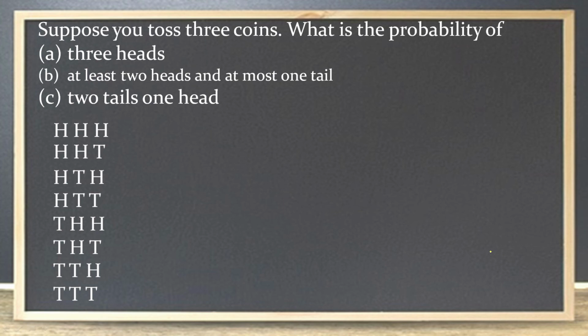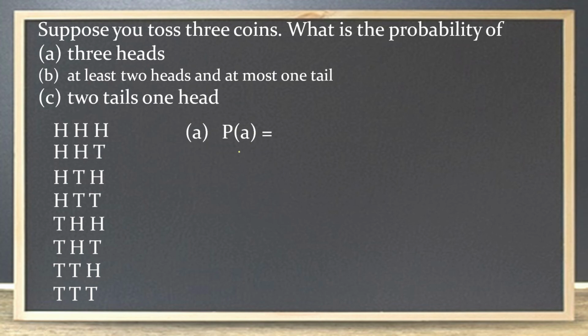These are the sample space, because the sample space is the set of all the total possible outcomes. Now A says, what's the probability of three heads appearing? So the probability of event A, which is 3 heads.